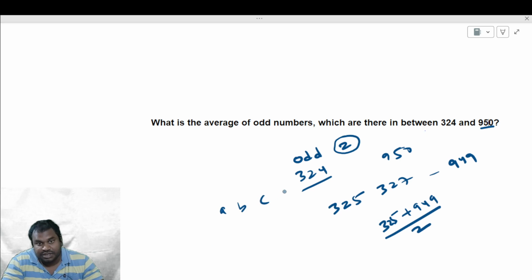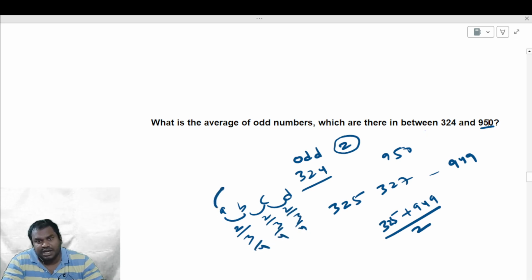Suppose A, B, C, D, like that numbers are there. If you are asked to find their average and the common difference is the same, whether 2, 2, 2, or 3, 3, 3, or 4, anything, then you can add the first number and last number and divide by 2 to get the average of the series.